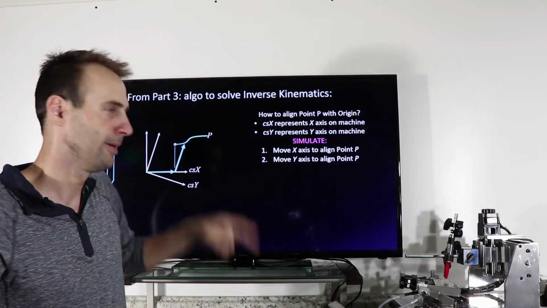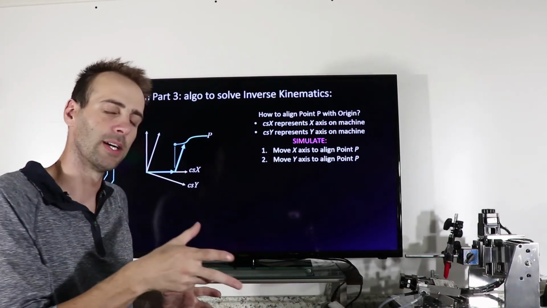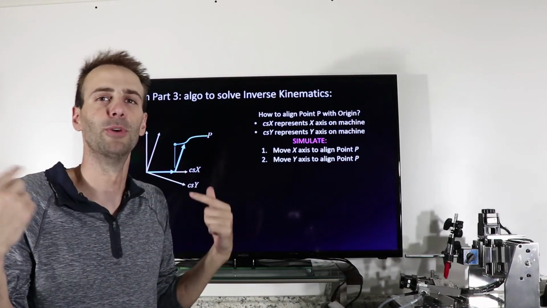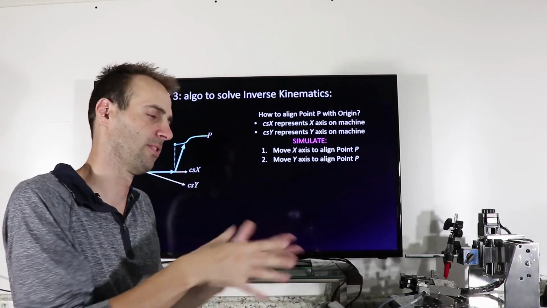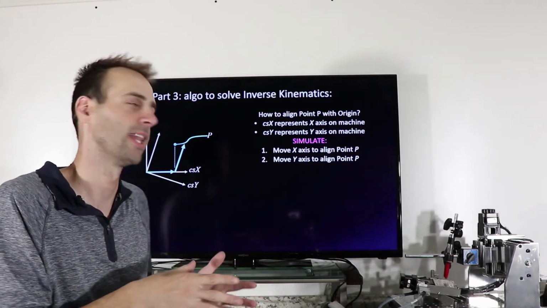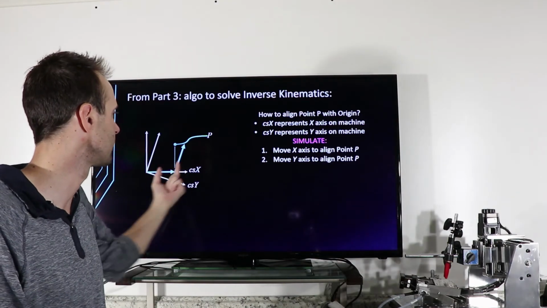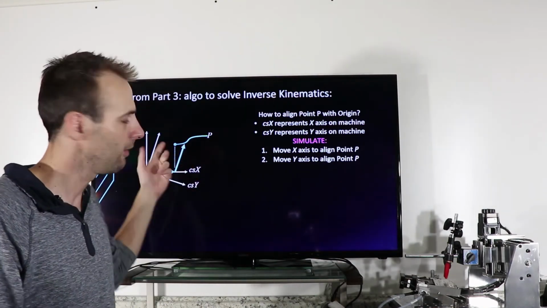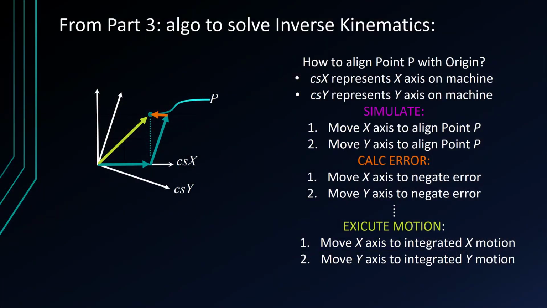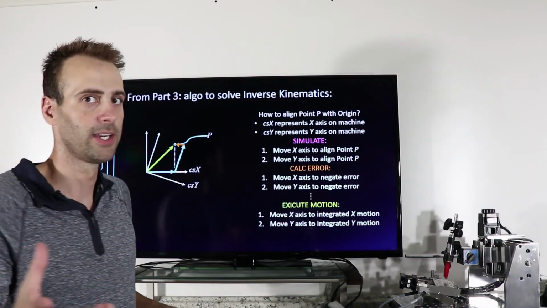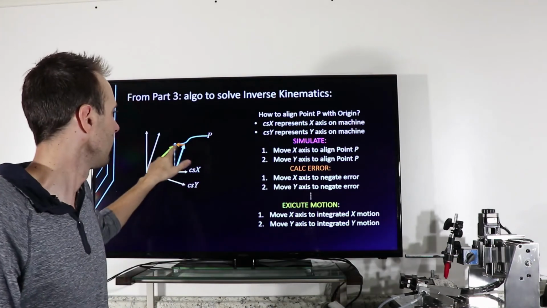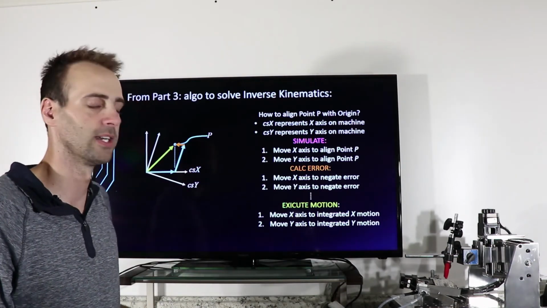But remember that we know those errors, so what we can do is say, hey, let me simulate that move just in programming space, and say, if I did command the x-axis and the y-axis to move by that desired amount, how far would I be off? Then, if I subtract or add, depending on how you set up your vector directions, I get an error vector, right?